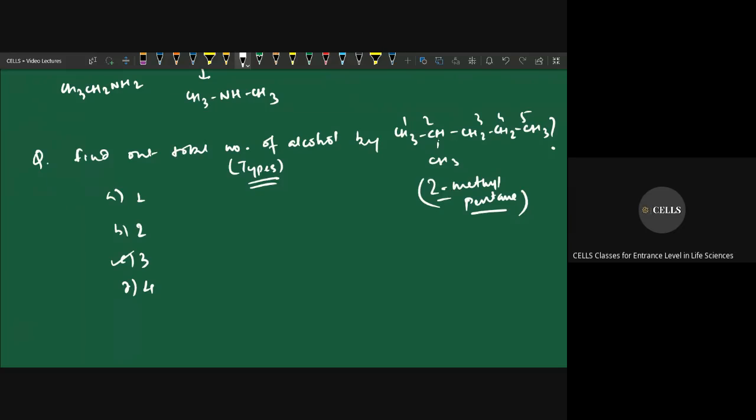Why? Because we have primary carbon, we have secondary carbon, these two are secondary carbon, this is the tertiary carbon, and these are all primary carbons. So that's why the answer will be 3. Very good.